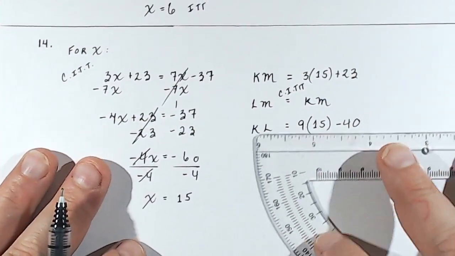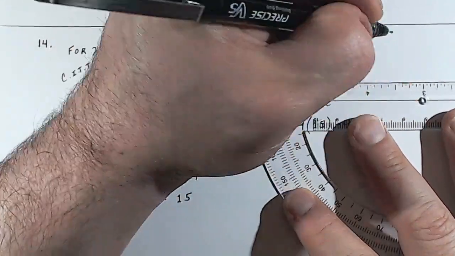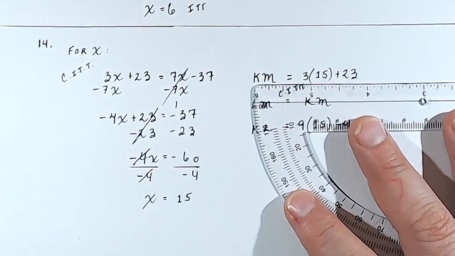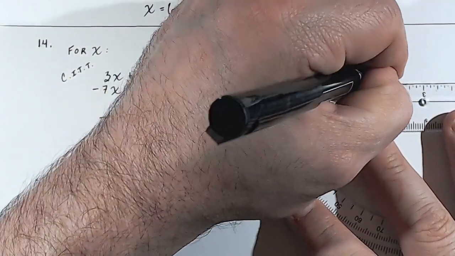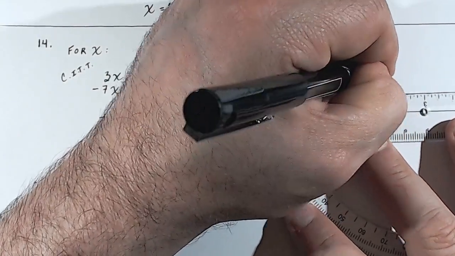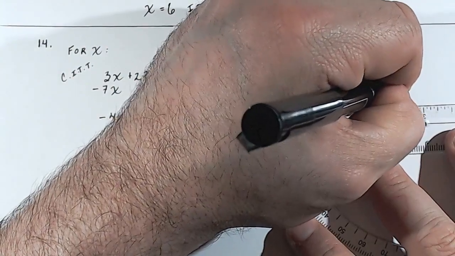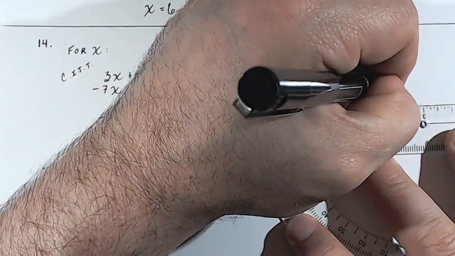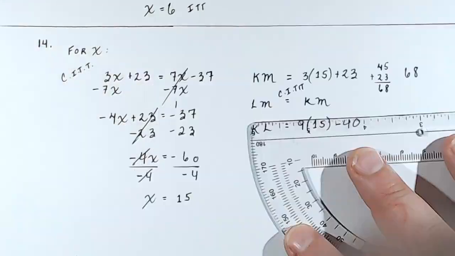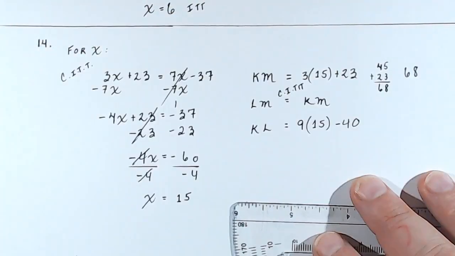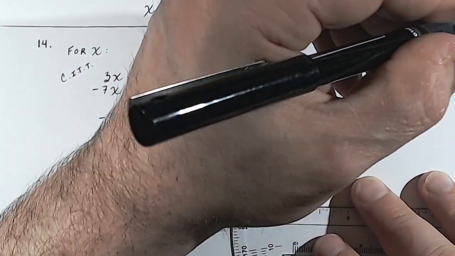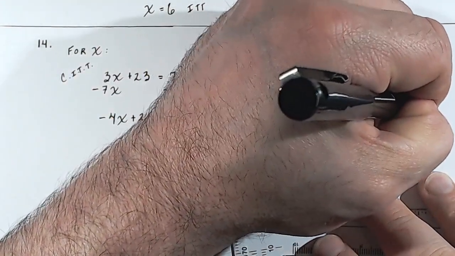All right, so a little side work here for KM. 3 times 15 is 45. Okay, so we just have to do 45 plus 23. That was 5 plus 3 is 8, and 4 plus 2 is 6. So KM is 68, not degrees, it's just side length. And LM is equal to KM by the converse of the isosceles triangle theorem. So this is 68.